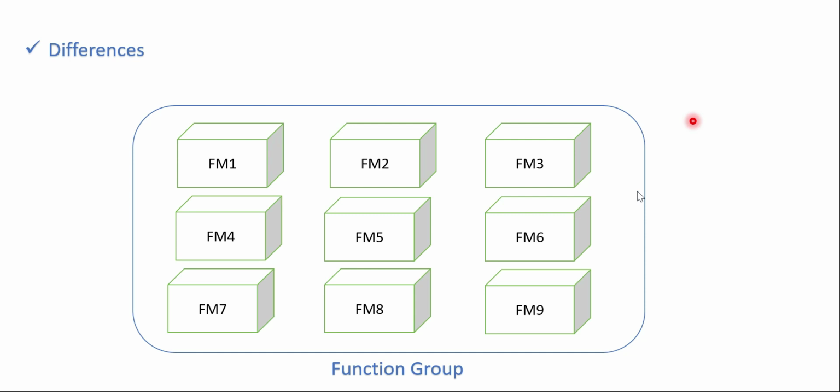A little bit more about function modules: there is one more layer called function group. Normally they gather similar or the same business scenarios and group all the function modules together to form a function group. So for one particular business scenario, we have a function group, and it has more than one function module.